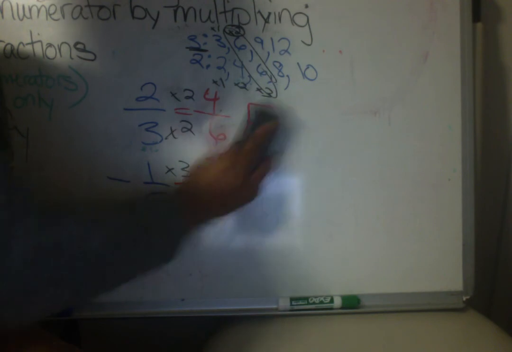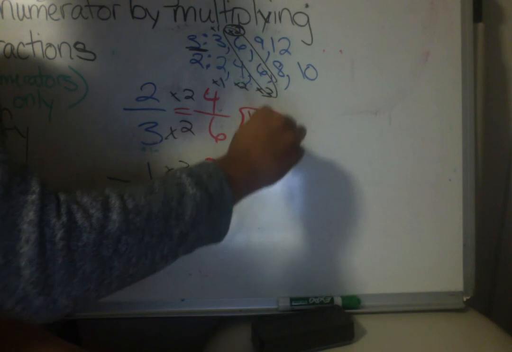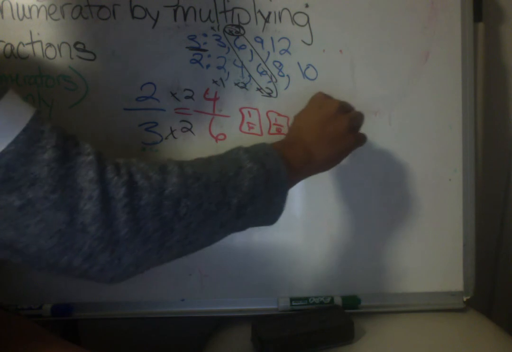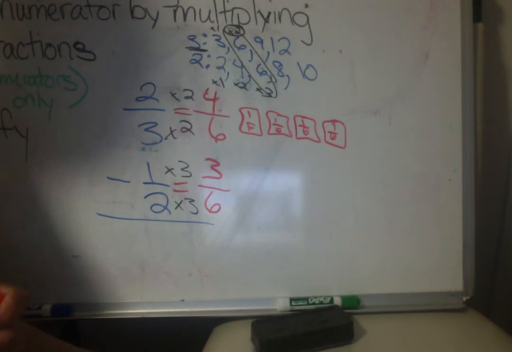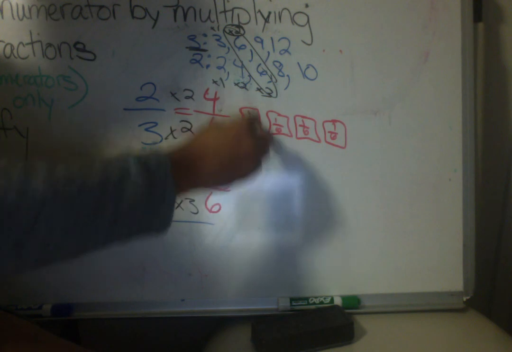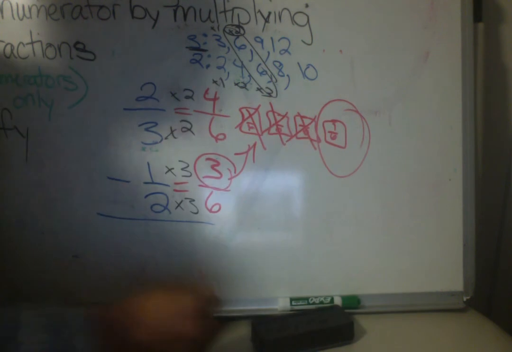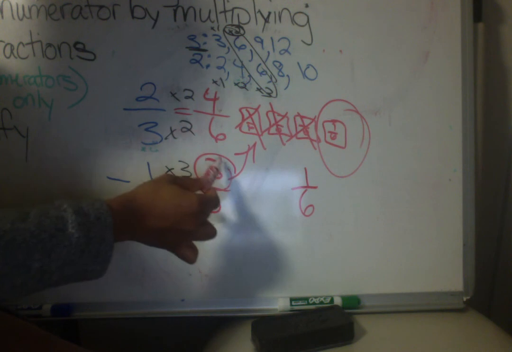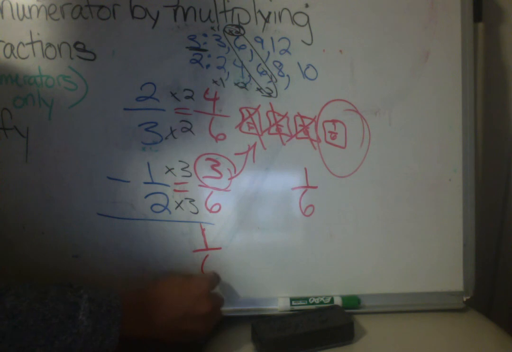Remember, if it helps you to separate it, here's a 6, here's another 6, here's another 6, here's another 6. I'm taking away 3 of them. 1, 2, 3. All I'm left with is a 6. So my answer should be 1/6. 4 minus 3 is 1. Denominator stays as a 6.